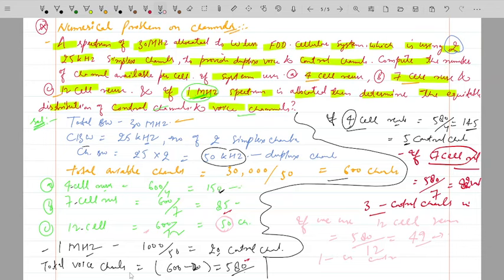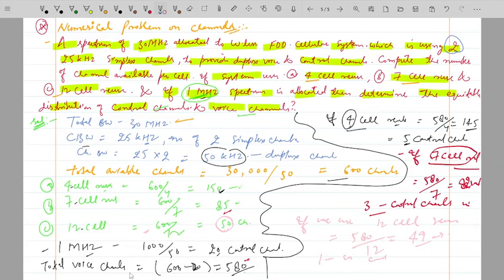So guys, one thing you need to remember here: in case of the 12 cell reuse system, 49 channels are voice channels, and only 1 channel is used for control channel. The 12 cells are 12 base stations, 12 towers.